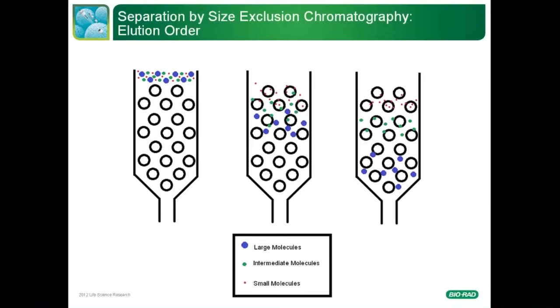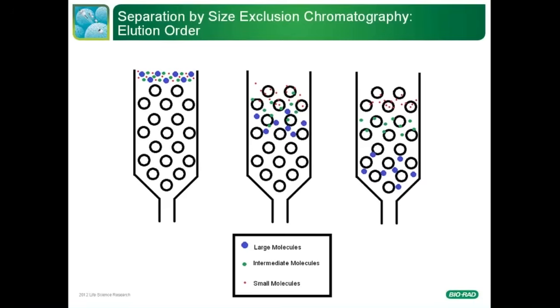The liquid is flowing from the top of the picture to the bottom, as are the biomolecules. On the right-hand side picture, you can see that you have very good separation between the large blue molecules that never entered the particles, and so could quickly move down and out of the column.